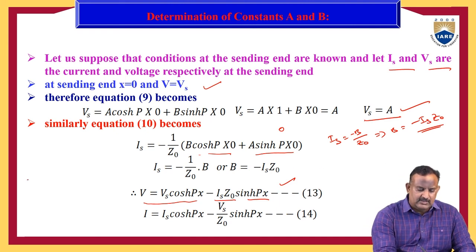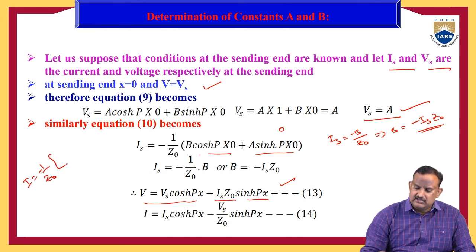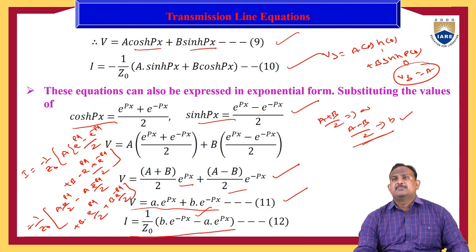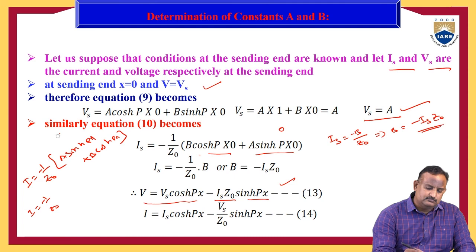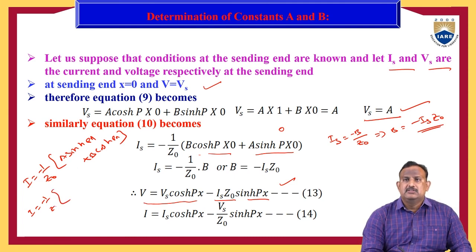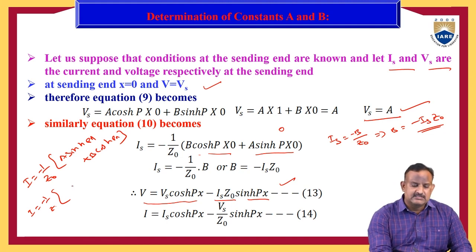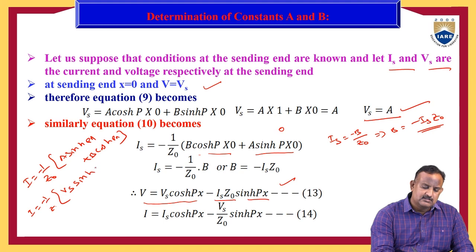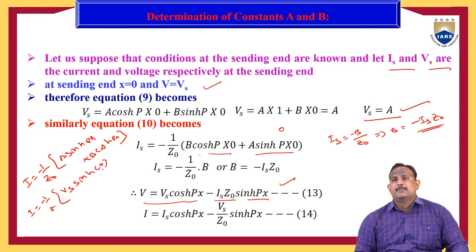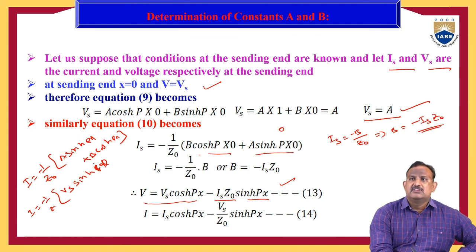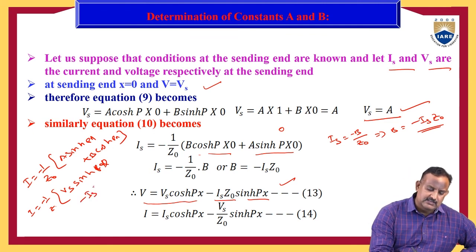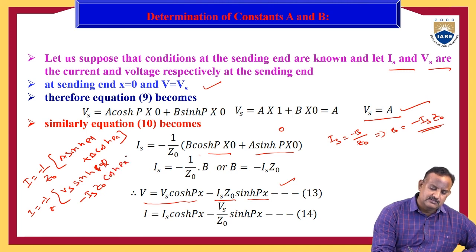Current I is equal to −1/Z0 into (A sinh px plus B cosh px). So I is equal to −1/Z0 into, in place of A, substituting Vs, Vs sinh px, and in place of B, substituting −Is Z0, so −Is Z0 cosh px.